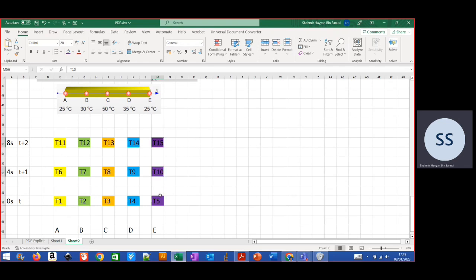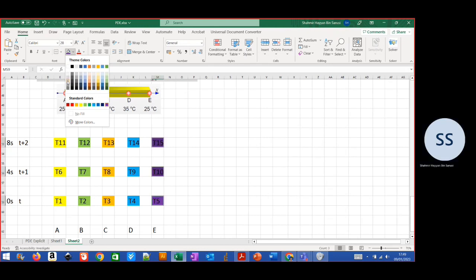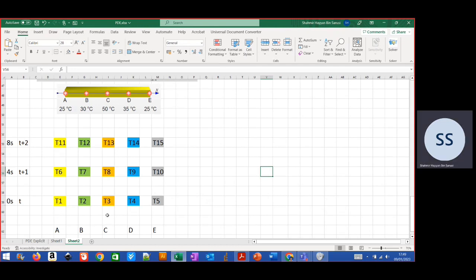I just don't like this purple color, so maybe I'll replace it with gray. At the initial condition, we already know T1, T2, T3, T4, and T5, whereby T1 corresponds to point A when t equals 0. T2 is the temperature at point B when time is 0. C, D, and E at time equals 0.